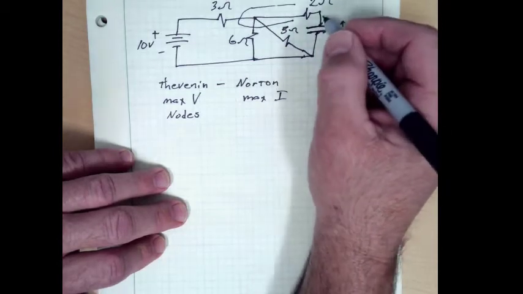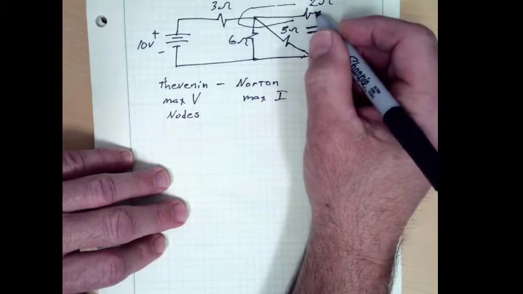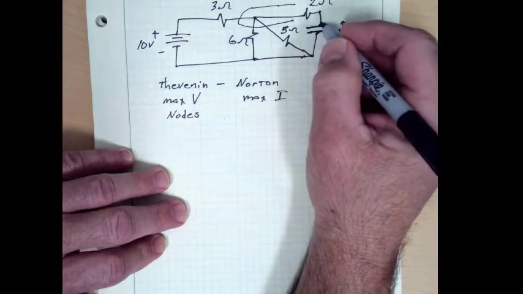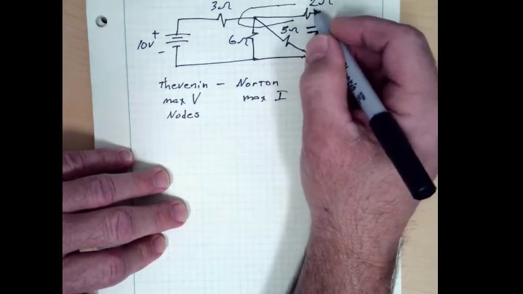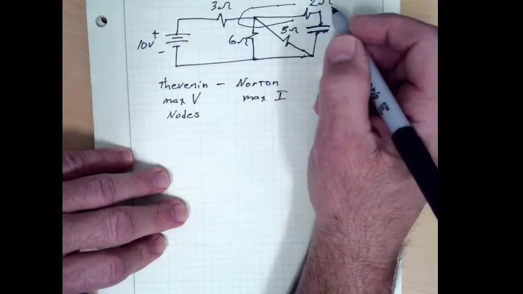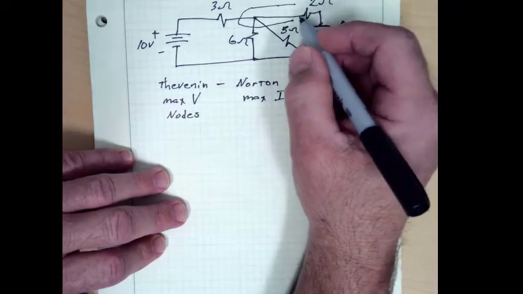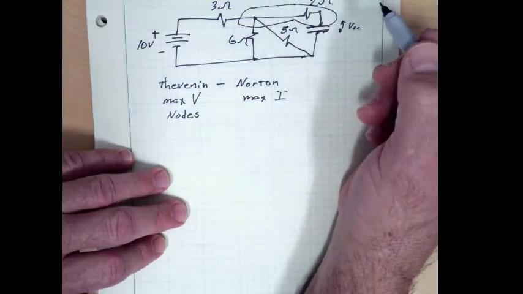So if this is an open, since we're doing Thevenin voltage, we ask the question, is there a current occurring through here? The answer to that is no. If there's no current, there is no voltage across this resistance or that resistor. So essentially this just becomes a wire. So we will treat it as one node.